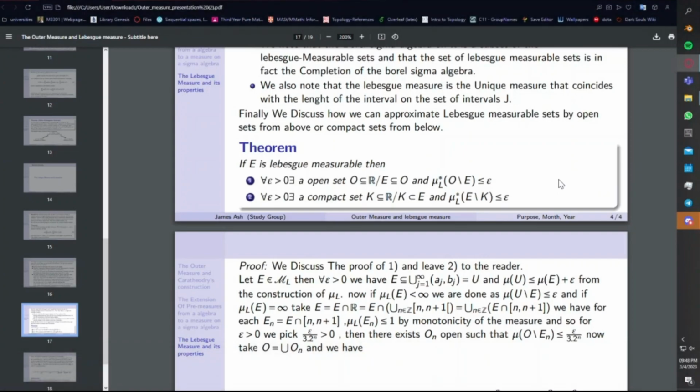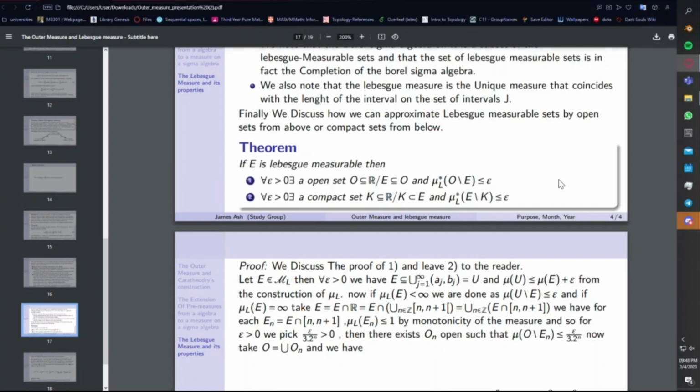The second one is called inner regularity: E can be approximated from the inside by compact sets. Together, these are called regularity. And this makes sense for any topological space with its Borel sigma algebra.